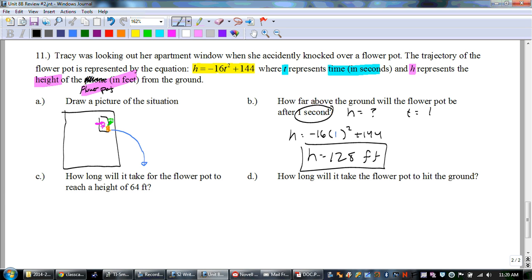Okay, so how long will it take for the flower pot to reach a height of 64 feet? So now they're telling me that the height is 64 and we have to find the time.